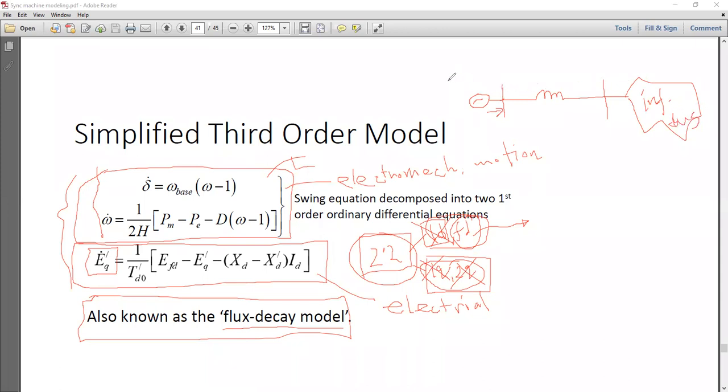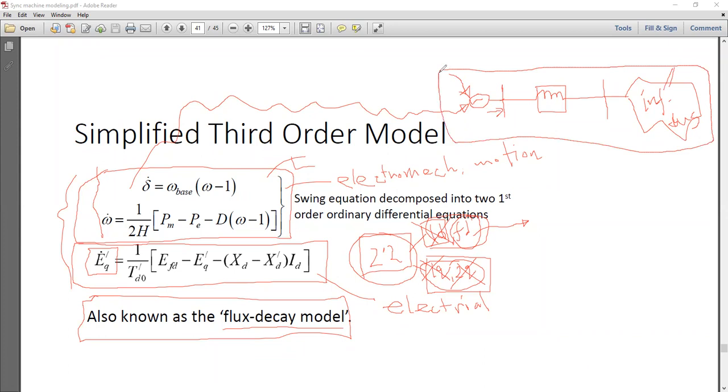The synchronous machine that we have modeled till now, these three equations, represents simply this machine over here, the generating source. And then we also have to think about the transmission line and this infinite bus so that we can complete our model.